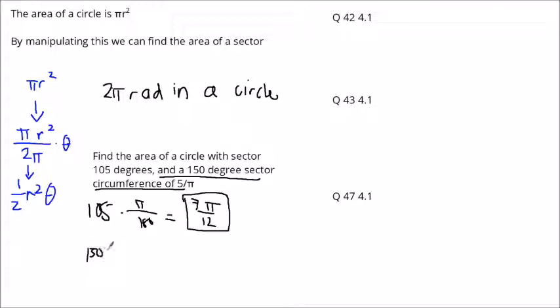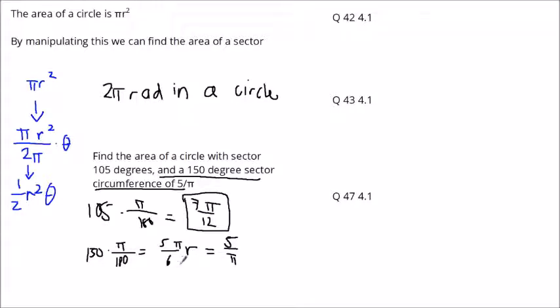So 150 degrees multiplied by pi over 180 is 5 pi over 6. And then if you take the 5 pi over 6, that multiplied by the radius is equal to 5 over pi. Right, this multiplied by the radius is 5 over pi.